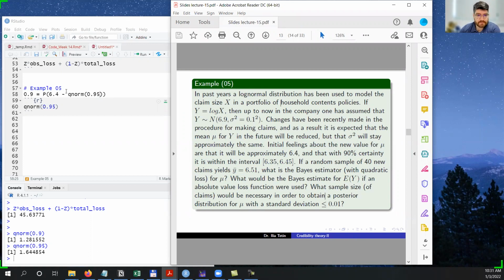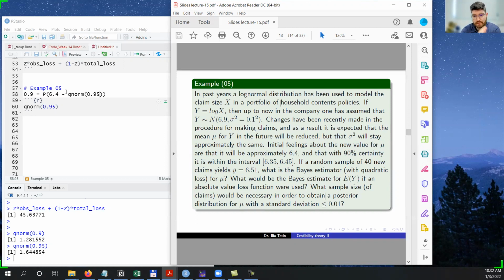Yes. We are dealing with a two-sided interval, a two-sided test for our normal distribution, so we need to divide by 2.